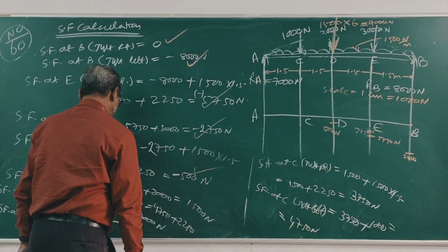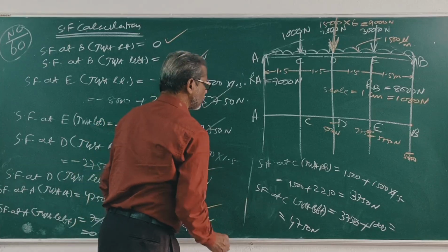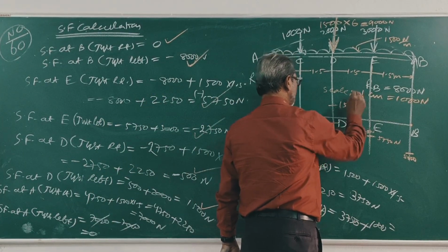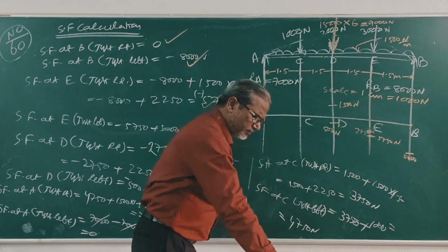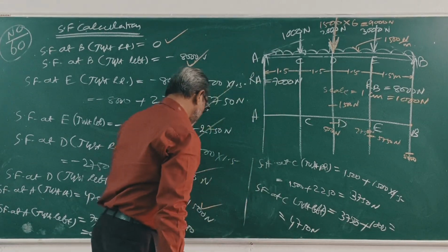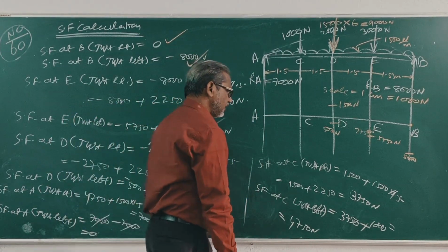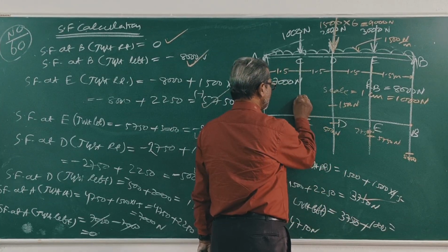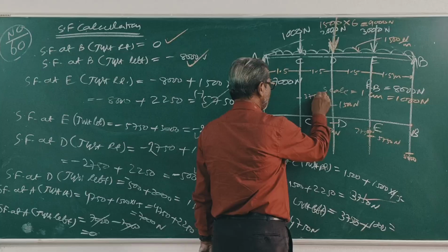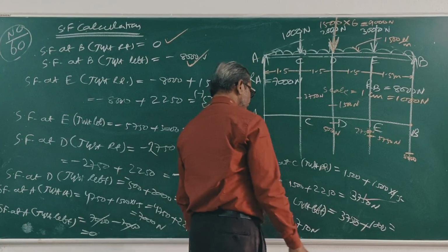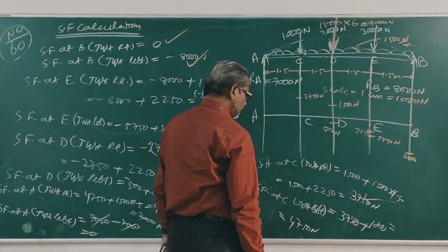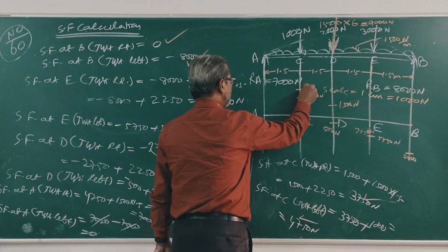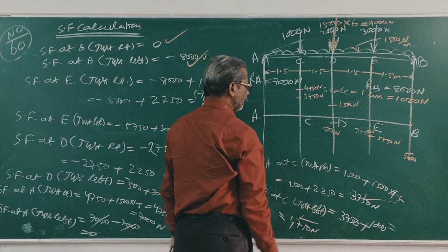Then D just left 1500 plus. Suppose this 1500 plus. Right? Next, C just right 3750 Newton. C just left 4750 Newton.